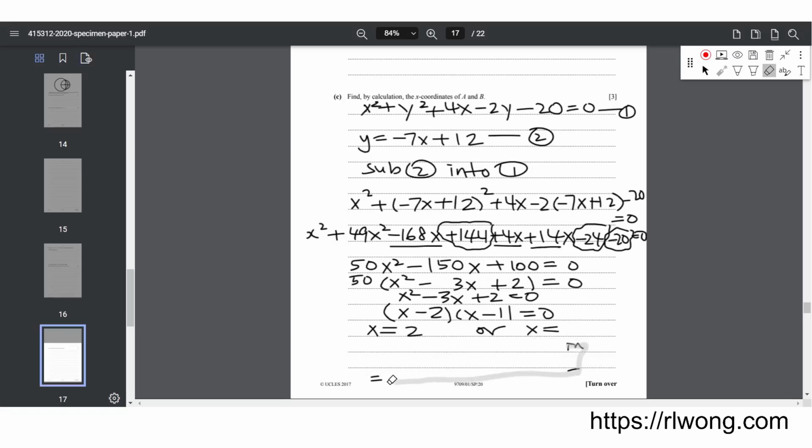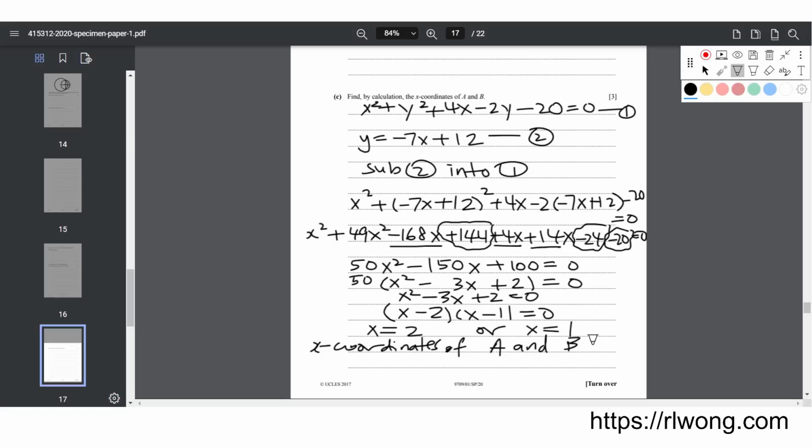So the x coordinates of A and B are x equals 2 or x equals 1. All right.